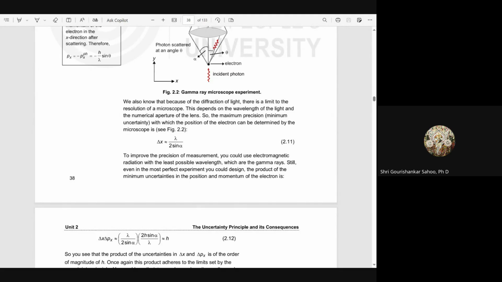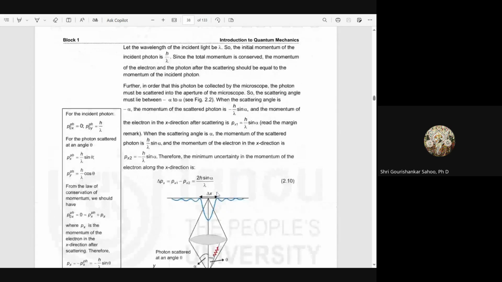So due to the experimental reasons only, you cannot measure the position and momentum accurately with precision at a time. Similarly, you cannot measure the time and energy with equal precision at a time. So this is all about the Heisenberg uncertainty principle.